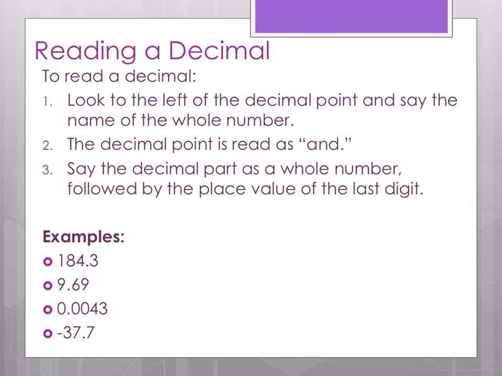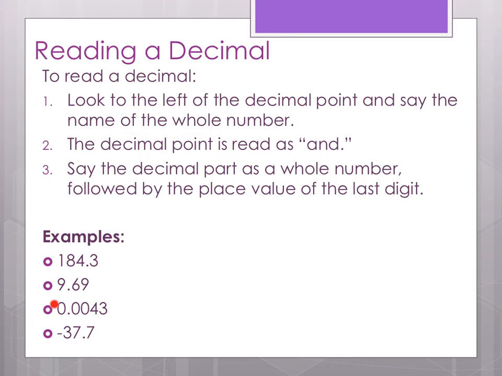That and would be incorrect. 184 and 3 tenths. The last place value here is the tenths place, so that's 184 and 3/10. The second example, we'll read this as 69 hundredths, because the last digit is in the hundredths place.